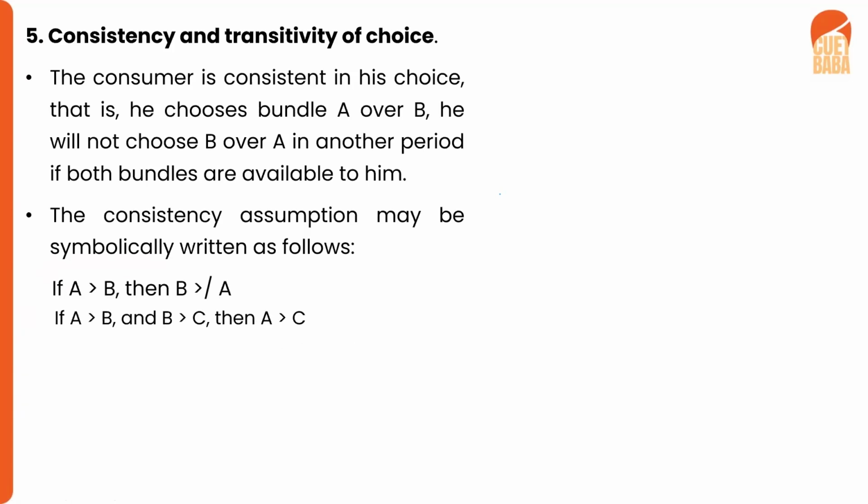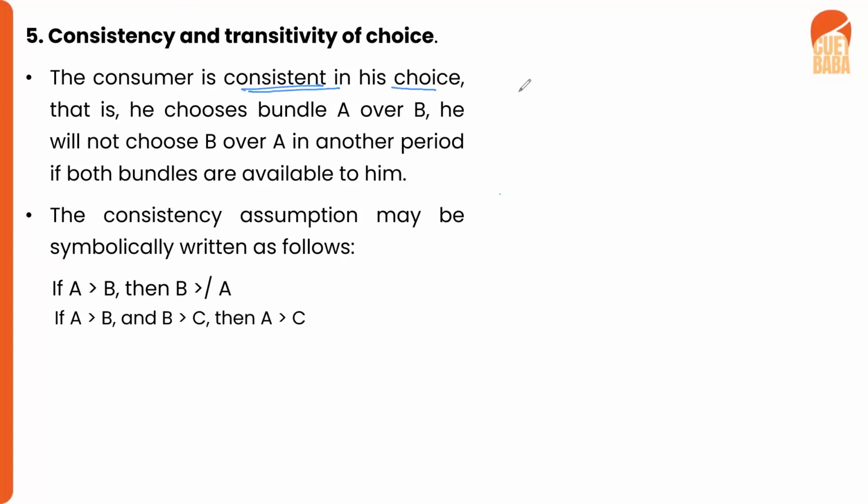Then fifth one is consistency and transitivity of choice. So this is one of the very important assumptions that we can see in the earlier examples as well, and in the upcoming classes as well, we'll be discussing regarding this, where the consumer is consistent in his choice.